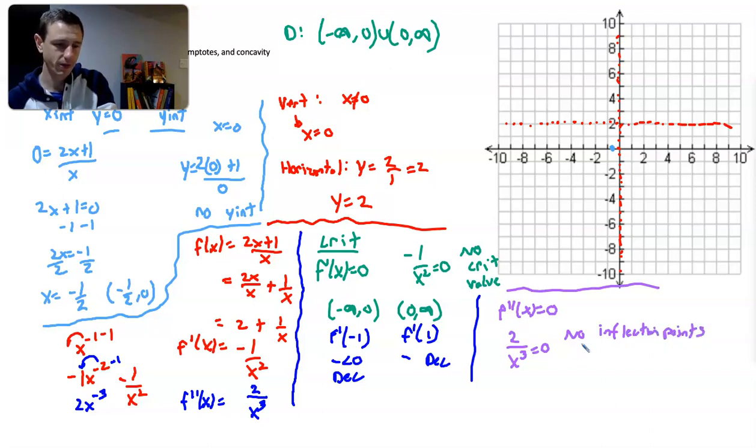But we want to do the same thing and identify concave up and concave down. So negative infinity to 0, and then from 0 to infinity. From negative infinity to 0, we want to use a test point. So f double prime of negative 1 and then f double prime of positive 1.